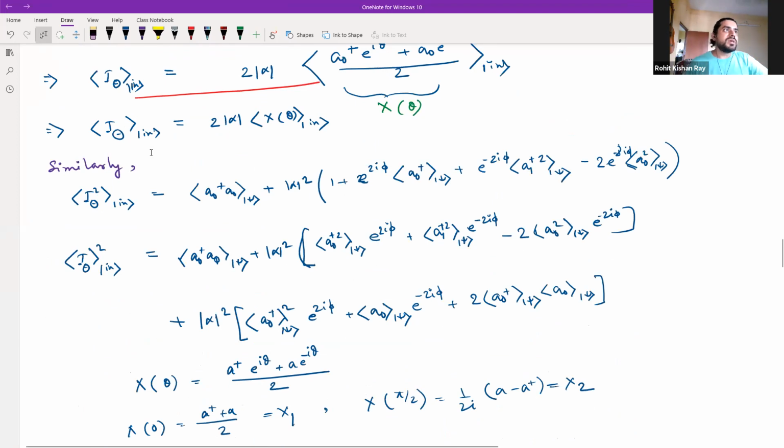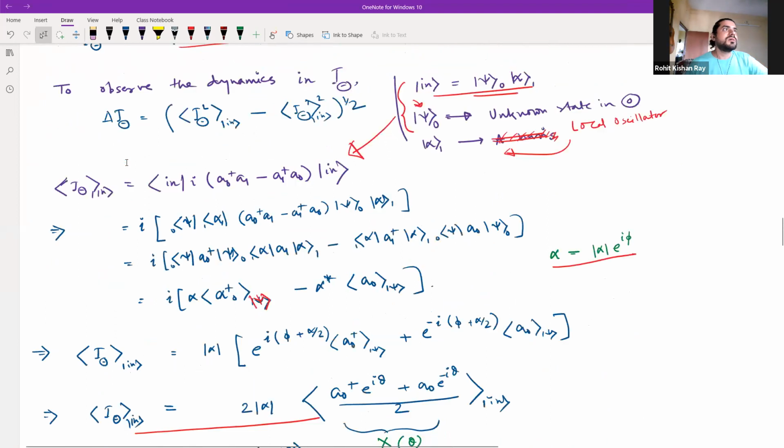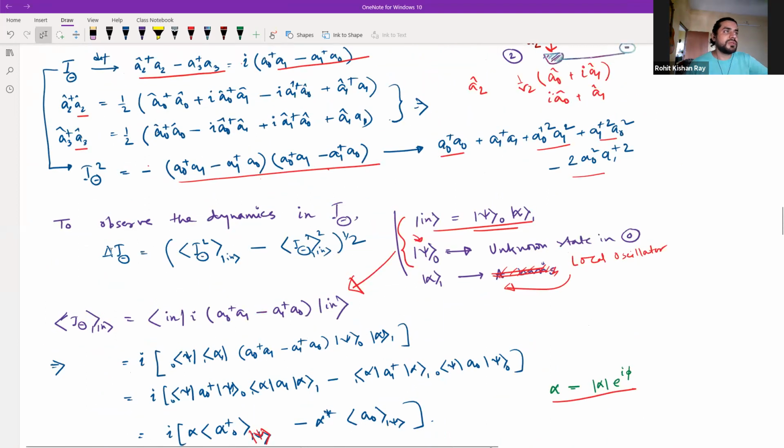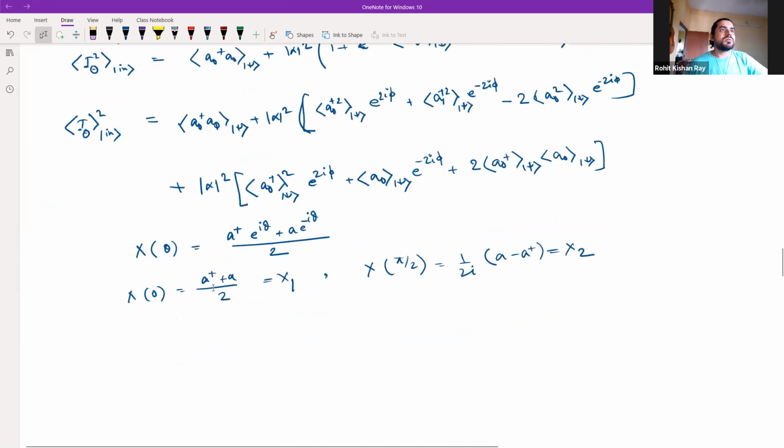So similarly, we can calculate the I square expectation. And once we have these expectation values, then we can just calculate the standard deviation. So this is what I was talking about.